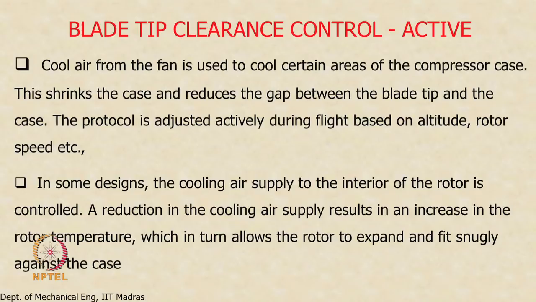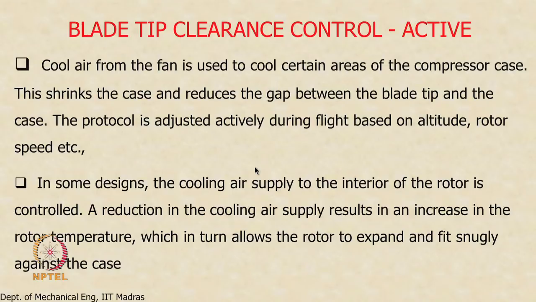This is done actively during flight based on many settings: altitude, rotor speed, flight speed, engine condition and so on. The amount of air sent into these regions is controlled actively, so that the tip clearance is always maintained at the optimal value.